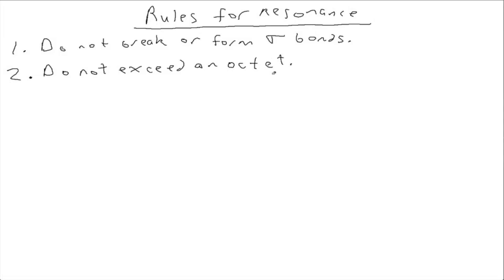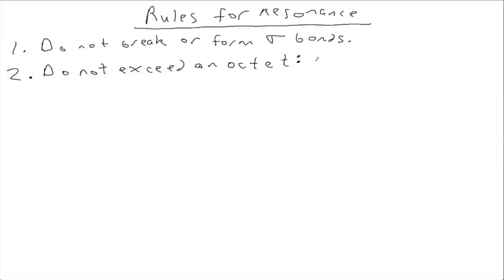Now this should look familiar because this is one of the rules we talked about for drawing reaction arrows: don't exceed an octet. And do you remember we tried to give you a straightforward way to tell whether you were exceeding an octet.